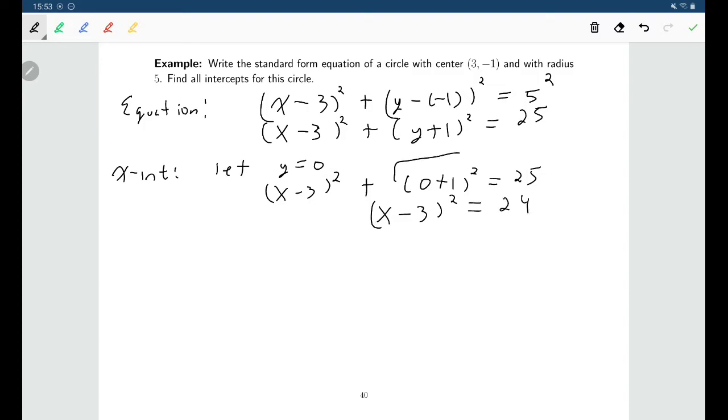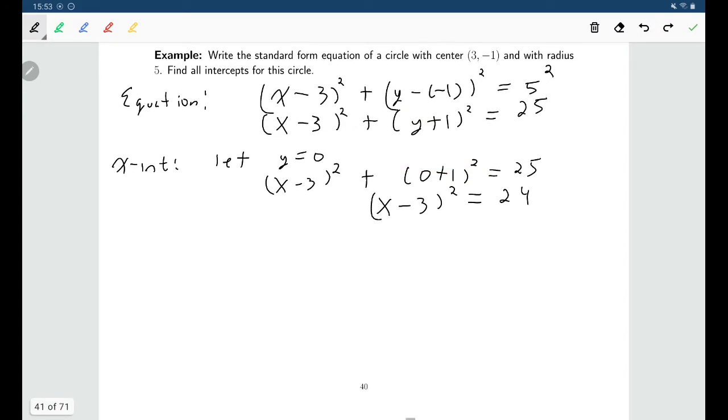What we have here is (0 plus 1) squared, that's 1 squared or 1, and when we bring it to the other side, we now have 24. Now I just use my square root property. Something squared equals 24 means that something should be plus or minus the square root of 24.